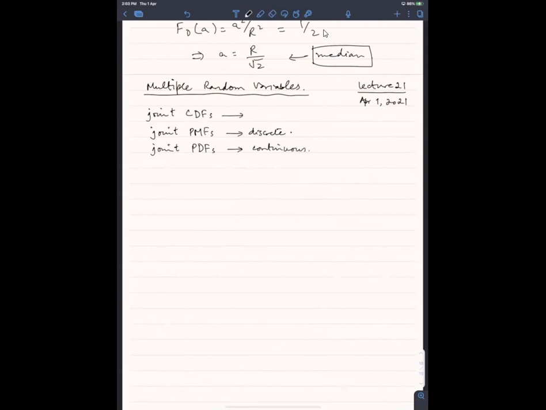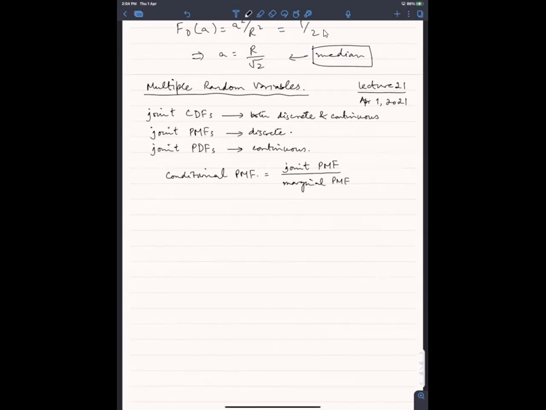The joint CDF applies to both discrete and continuous cases. We did a few examples. We also talked about the conditional PMFs, and the conditional PMF is the joint PMF divided by the marginal PMF.